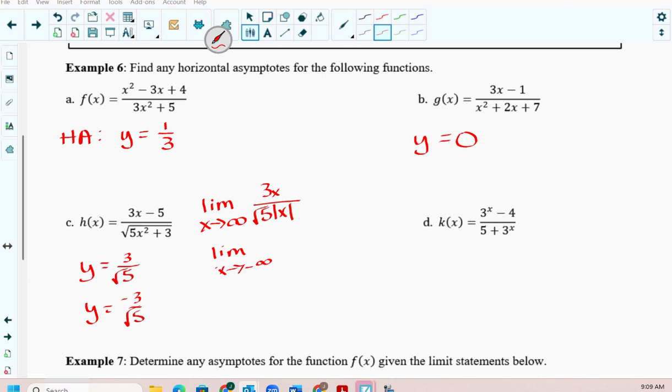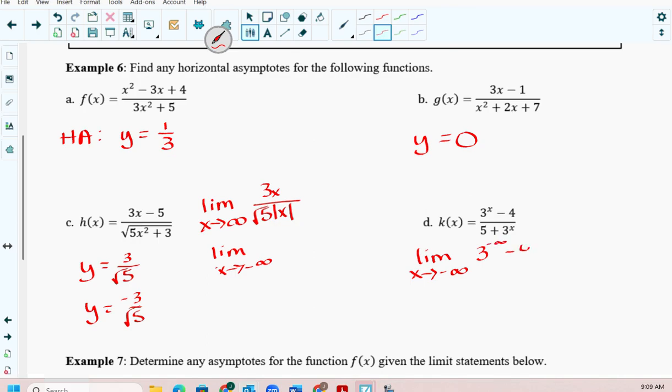Okay, guys, D is also tricky. It has two different horizontal asymptotes. Guys, look up here. If I do x approaches negative infinity, this is like the one we just did that had huge over 3 to the huge, all of that stuff. So this is like 3 to the negative infinity minus 4.